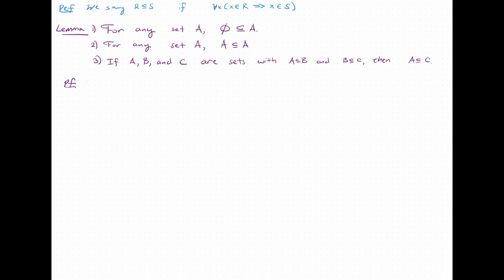So for one, let us make the following observation. So by definition, the empty set, and so this is the null set, and it has no elements. And so, x in the empty set is a false premise.